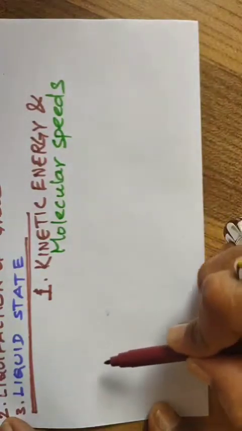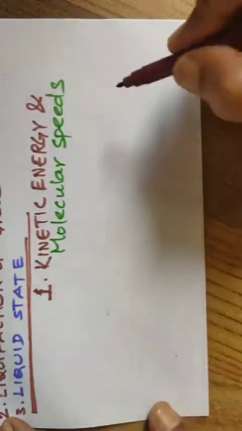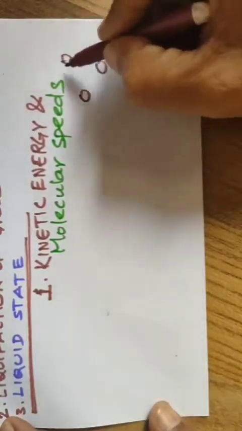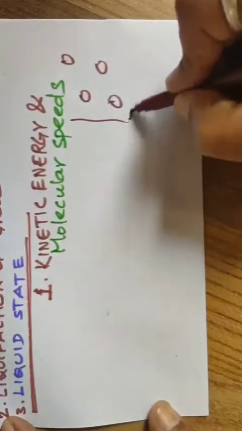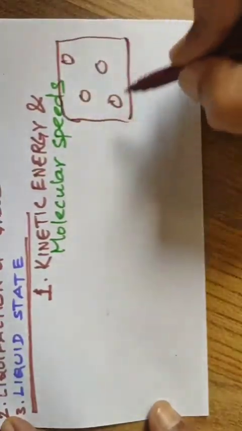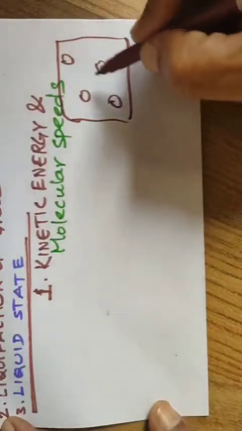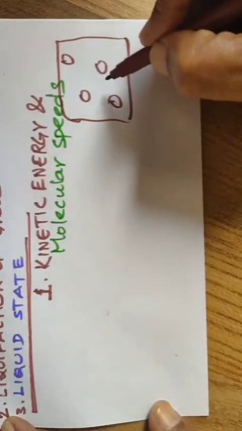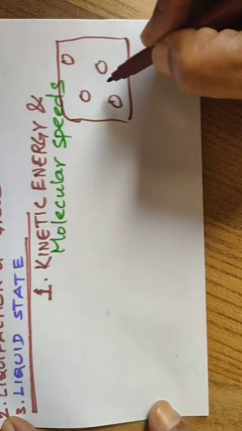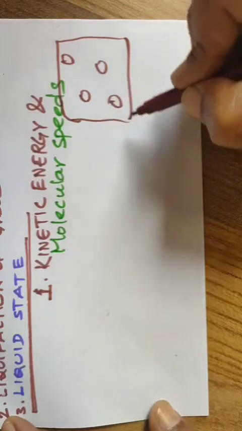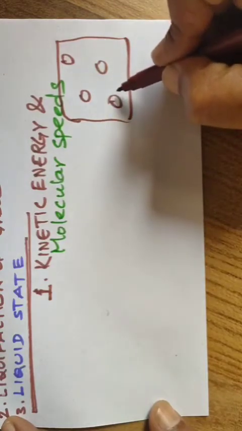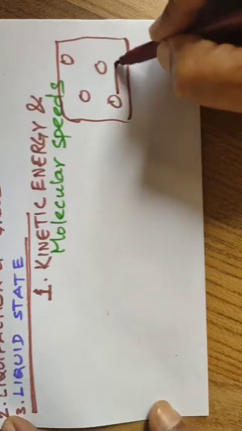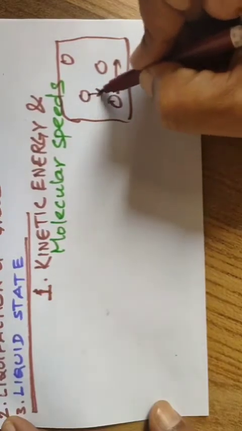How are molecules in the gaseous state? They are very free to move, as these are gaseous molecules. They are free to move because the gap among the molecules is very large in the gaseous state. Therefore, there is continuous motion, as they are moving in different directions.